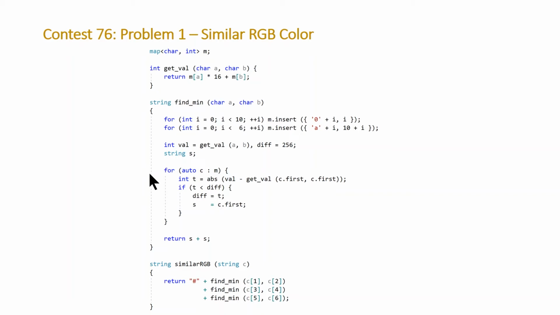And all we're going to do now is, for each character or digit in our map, we're going to loop through, calculate the absolute difference between our value, which we just calculated, and the value of a double digit, same digit hexadecimal number, and we'll keep track of this in difference. So if our current temporary difference is less than our calculated difference before, we just reset diff, and then we set S equal to this character. And then once we finish this loop, we are going to come out and return S plus S, and that'll get us our answer.